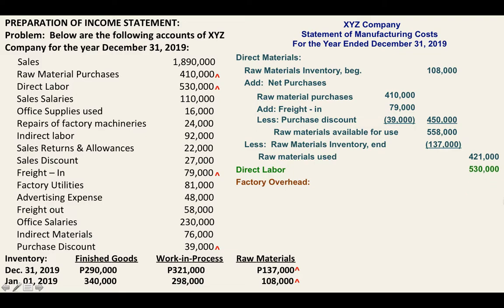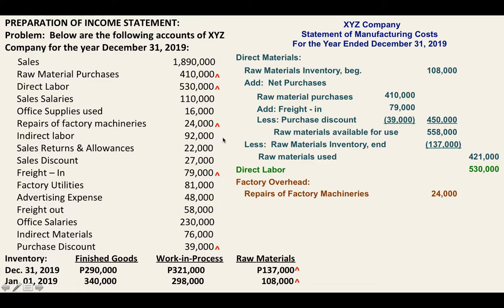A straightforward thing. And our factory overhead, now there is no schedule. So we have to list all our factory overhead. Here we have sales salary, so it's not factory overhead. Office supplies used, it's not. Repairs of factory machinery, so it's factory machinery, that's factory overhead, in the amount of 24,000.